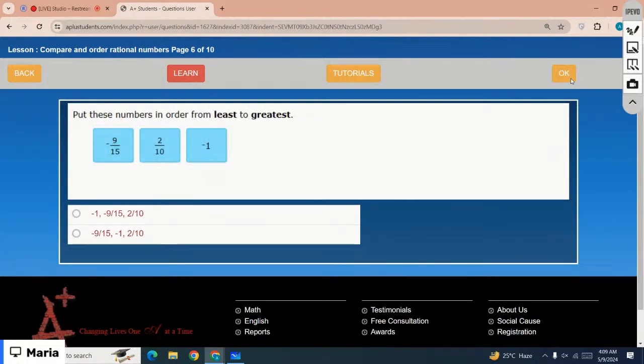Put these numbers in order from least to greatest. So which is the correct option? Option 1 or option 2?